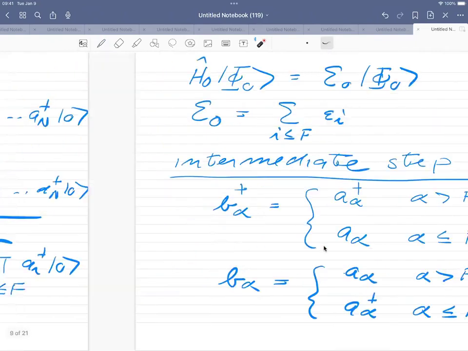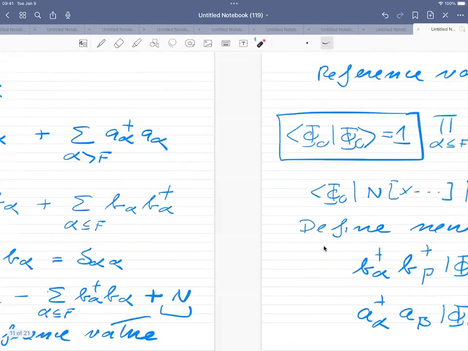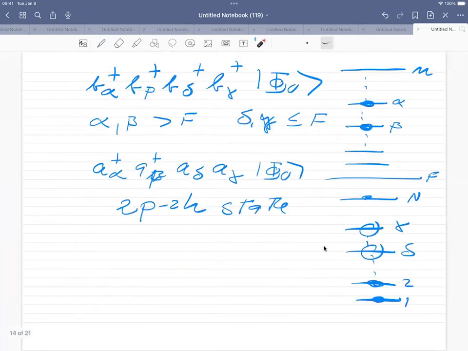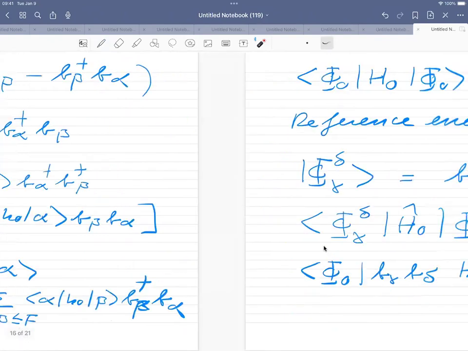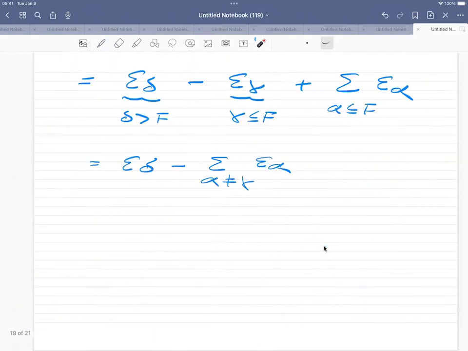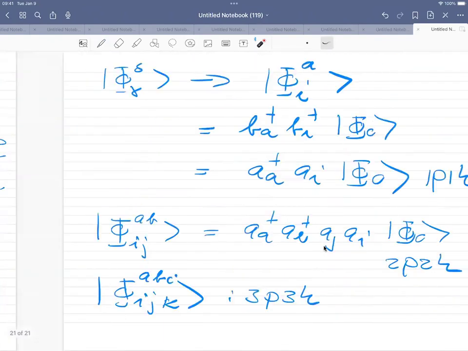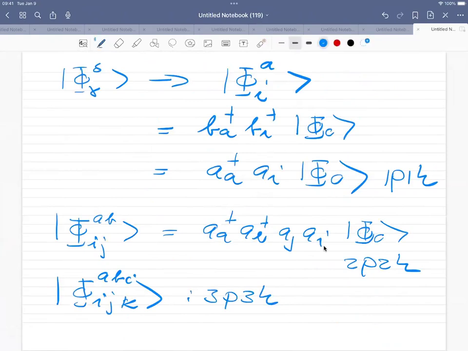So that means that this list gets exhausted. Unfortunately, we have an infinite number of single particle states unless we truncate. So it means that this can just continue up to N-particle, N-hole excitations.